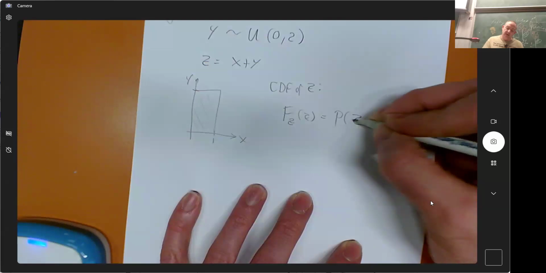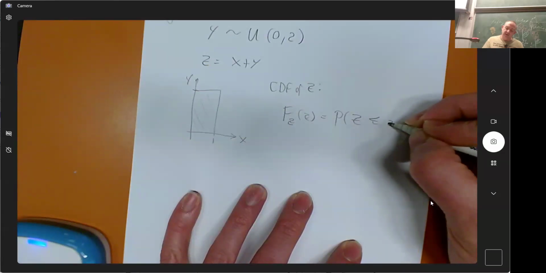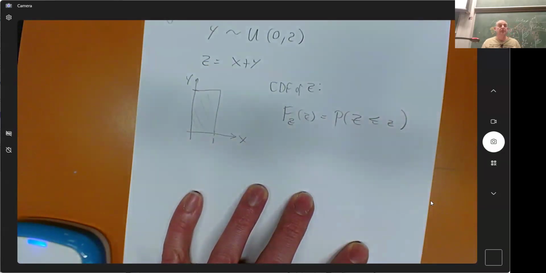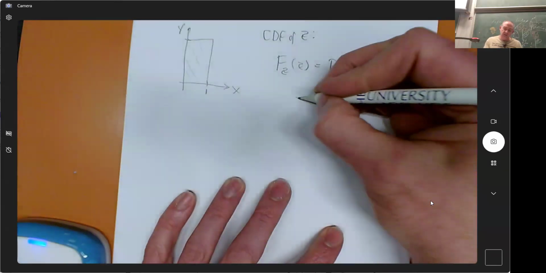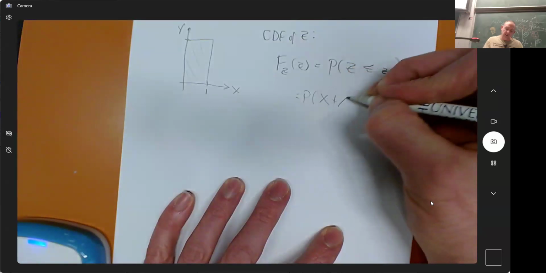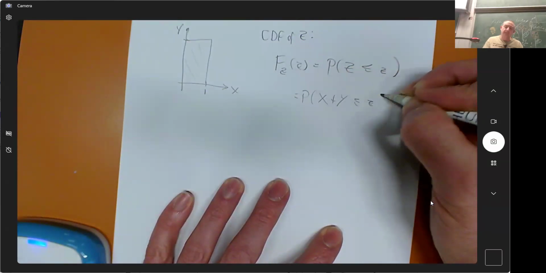the probability that Z is less than or equal to little z. Okay, that's how you always do a CDF. And this is the probability that X plus Y is less than or equal to little z.